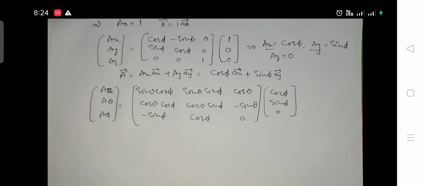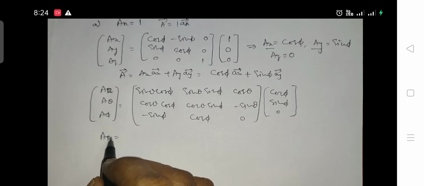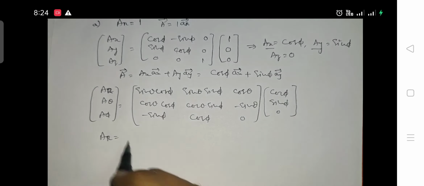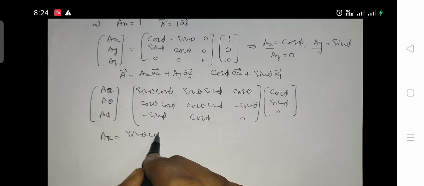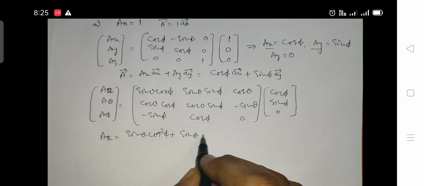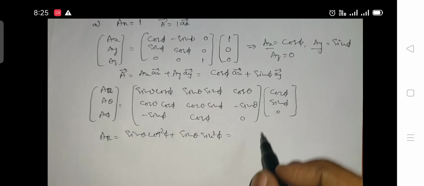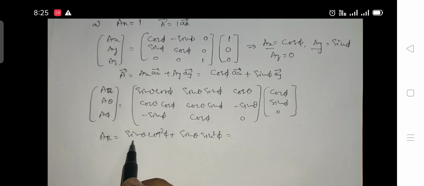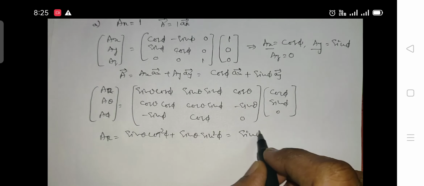And if you simplify this, we are going to have the value of AR as equal to, so have the multiplication of matrices here, sin theta cos square phi plus sin theta sin square phi. So if you take out sin theta as common, sin theta into cos square phi plus sin square phi, which is 1, so it becomes equal to sin theta.